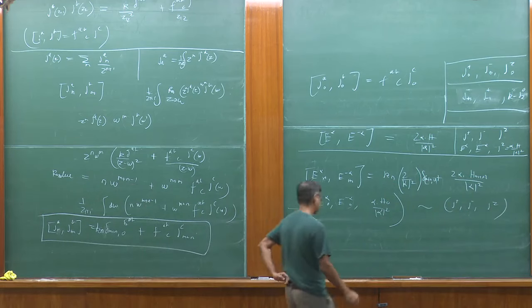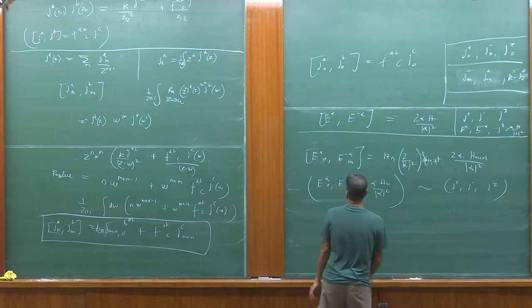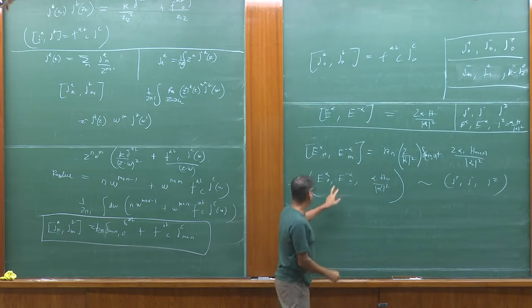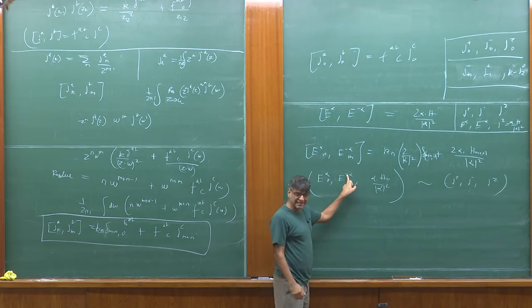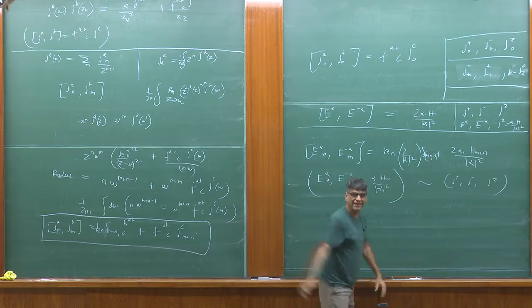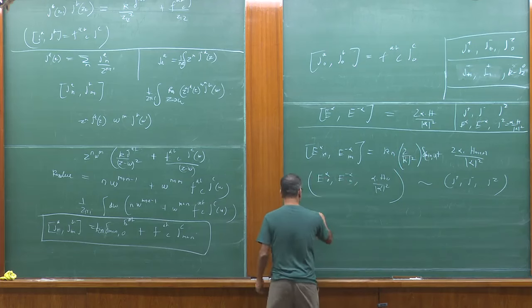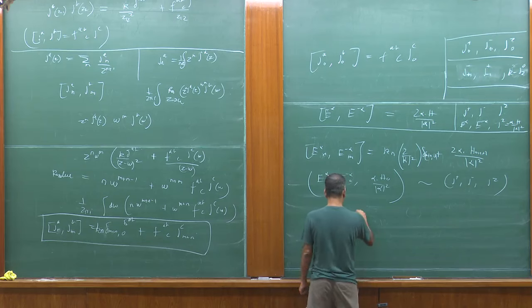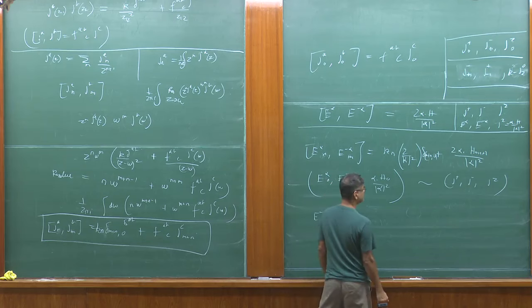Excellent. Now, we also see, by imitating that construction, what we'll do is take E minus alpha with plus 1. Okay? So we'll take E minus alpha with plus 1. We'll take E alpha with minus 1.